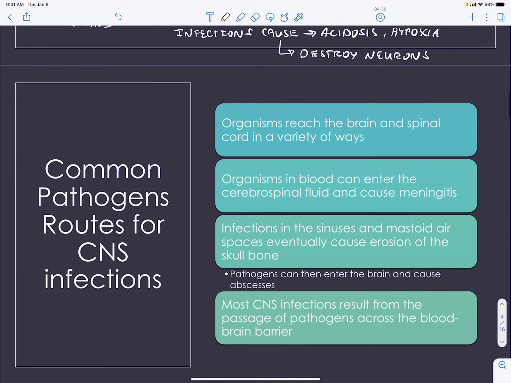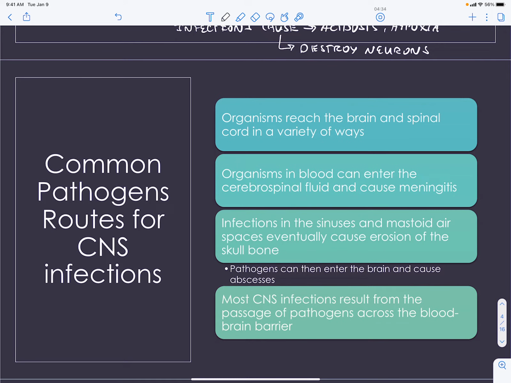So some common pathogens and their ways of getting into the central nervous system are going to be variable. Now, some organisms can enter the blood through the actual cerebrospinal fluid, and this is going to lead to meningitis, so that's where the meninges are.